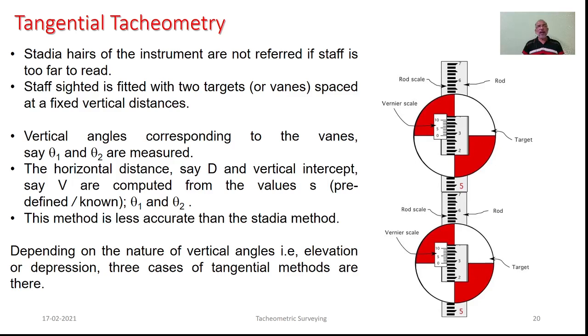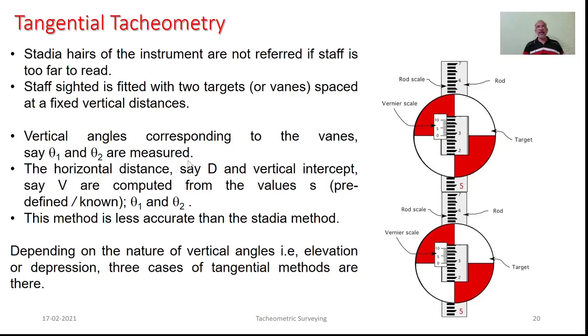So another category of tacheometry is tangential tacheometry. We got introduced initially, but just to have a small review. Here, stadia hairs of the instrument are not used. Whenever the staff is used, here we make use of a staff which is fitted with two targets or vanes which are placed at some known distance apart.